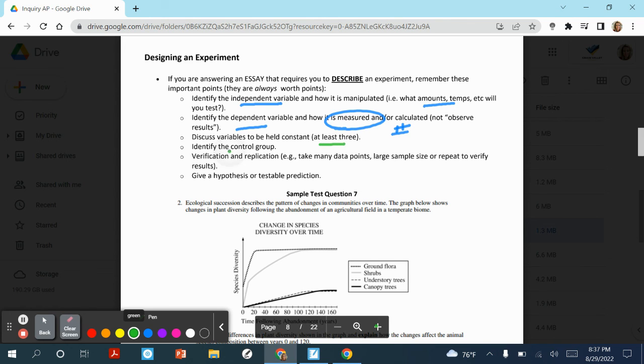You need to identify a control group if you can, because with some experiments it's hard to establish a control group, but if you can, that would give you a point. If you tell me to take many data points and then maybe calculate an average, or if you indicate to use a large sample size, or if you say repeat to verify the results, then that'll give you this point for verification and replication. And then finally, if you write out your hypothesis or your prediction, then that would give you another point.